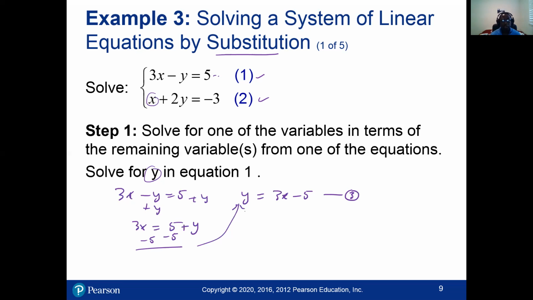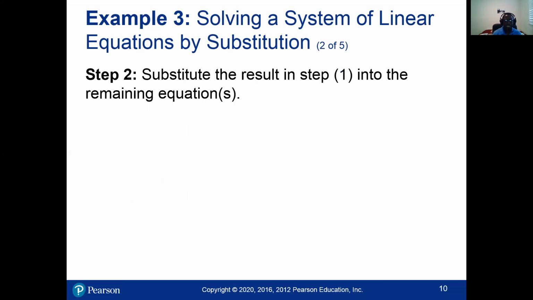Then we go to the second step. It says substitute the result in step 1 into the remaining equations. So we will substitute equation 3 into equation 2.